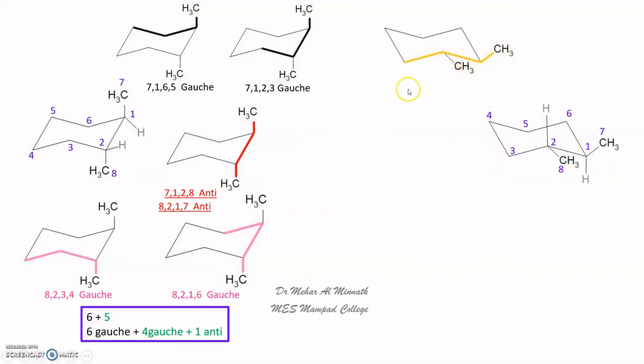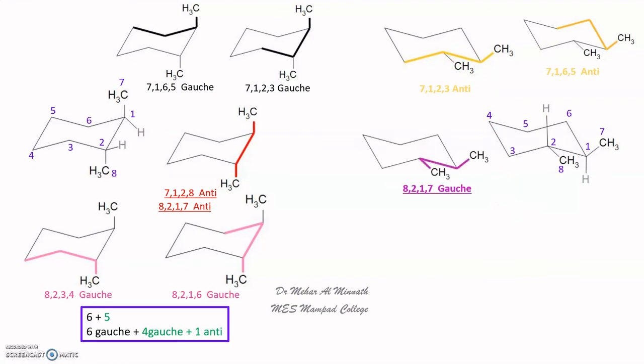That is anti. And you can also have 7, 1, 6, 5, which is again anti. And when you consider the other substituent, you can have 7, 1, 2, 8 or 8, 2, 1, 7, both the same. That is gauche here.